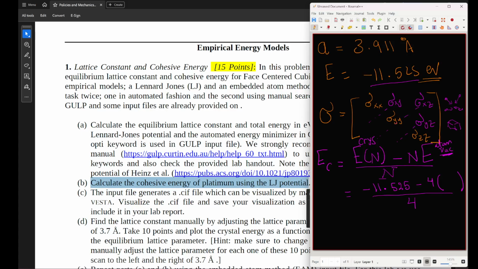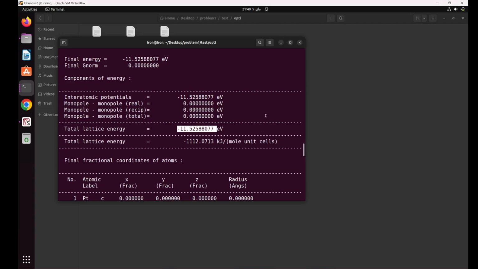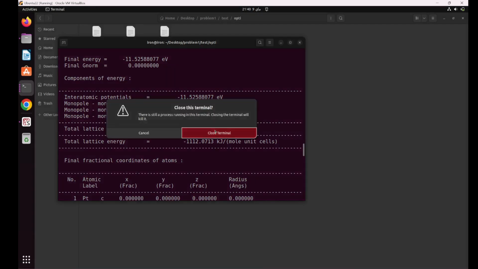If I only know the value of the energy of a single atom in vacuum, I can plug it in here and get this number. And in fact, for pair potential, this is straightforward to think of. You don't really need to calculate it, although we can calculate it as well.